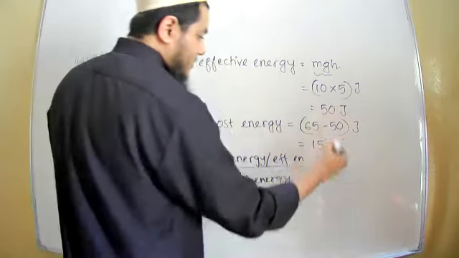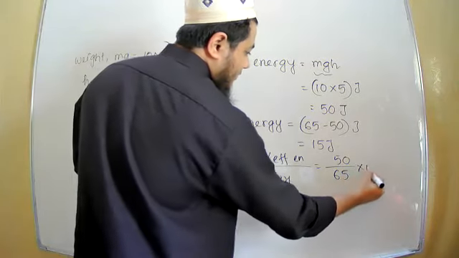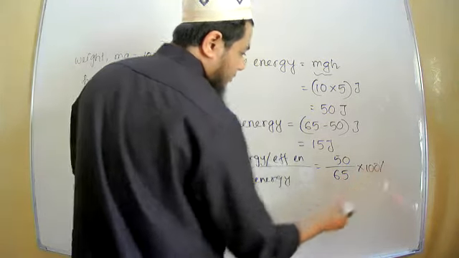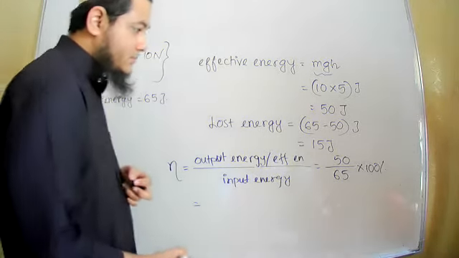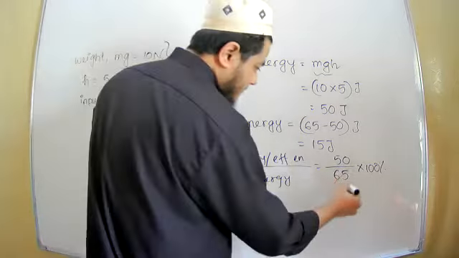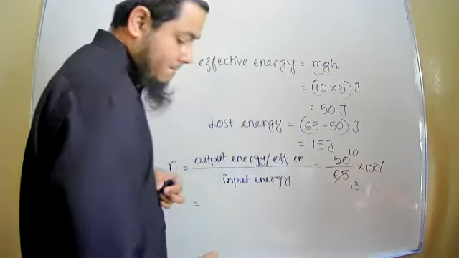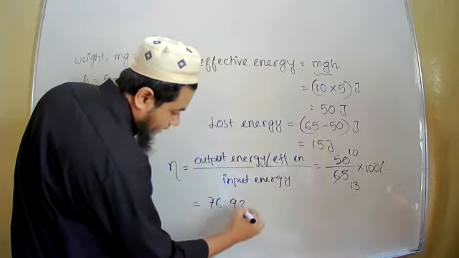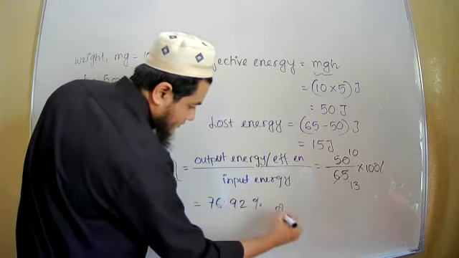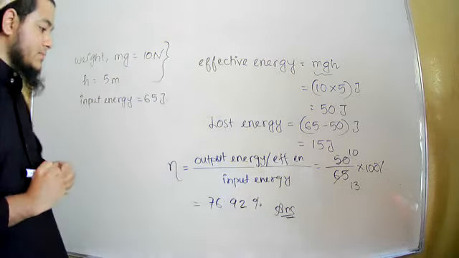That is 50. Then input is 65. So what will be the answer? Can anybody calculate and tell me? 76.9%. Yes, that will be the efficiency.